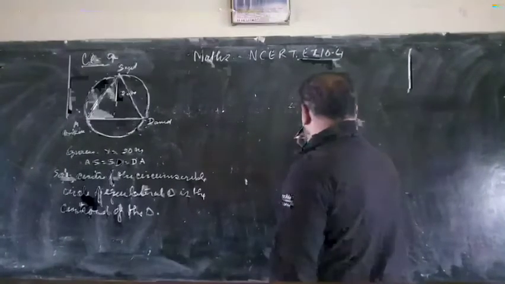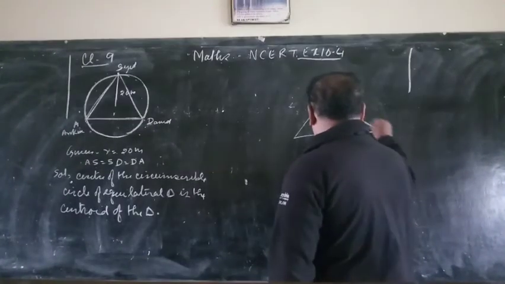You have studied in class 8. Centroid is the point of concurrence of all the medians. Suppose we have a triangle ABC, AD is the altitude on BC, BE is the altitude on AC, and CF is the altitude on AB.